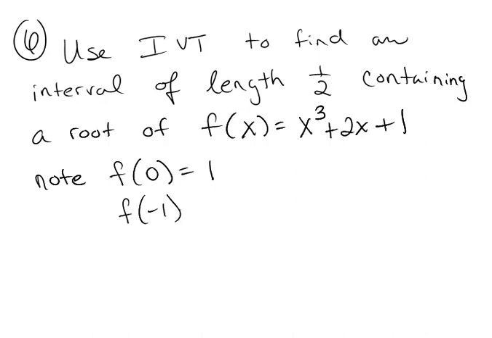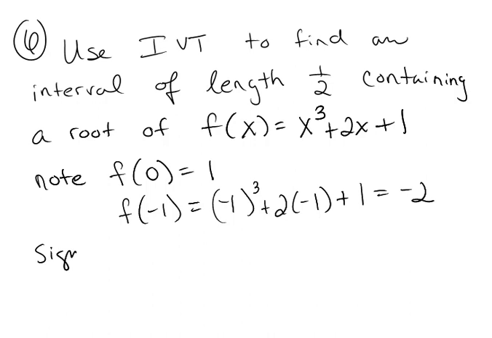But say I choose a negative number, like f at negative 1, well, I'm going to get negative 1 cubed plus 2 times negative 1 plus 1. And so that, in fact, is going to be negative 2. So now I have a sign change. Notice there's a sign change on the interval from 0 to negative 1, which means there has to be a root on that interval.